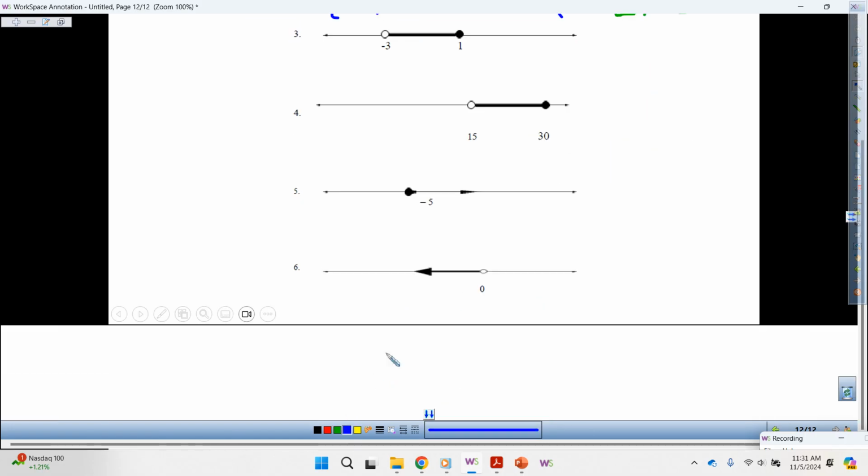And number 5. Here we go. Arrow is going that way. So I write -5. X, what is -5 compared to all the numbers to the right? It's what? Less than, and it's a solid point, so it's equal to. Solution set of x such that, close bracket.